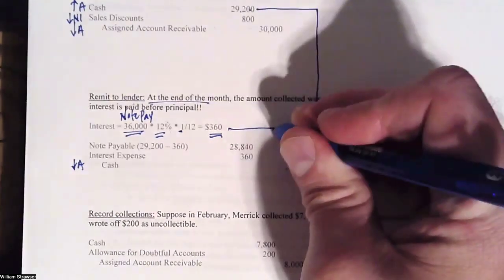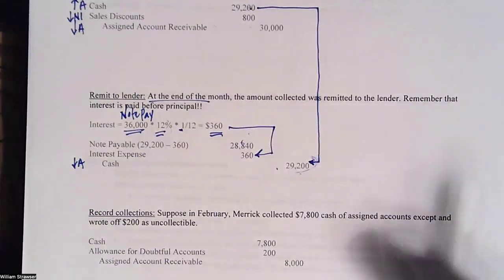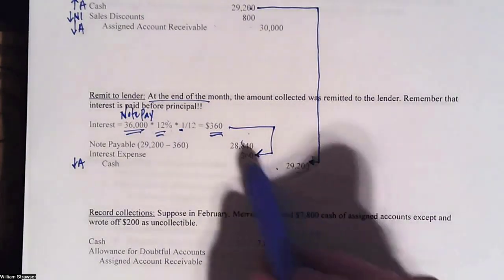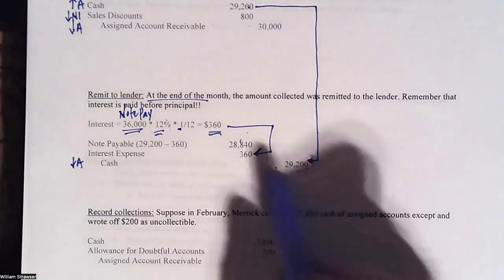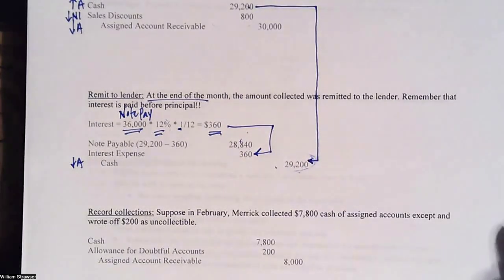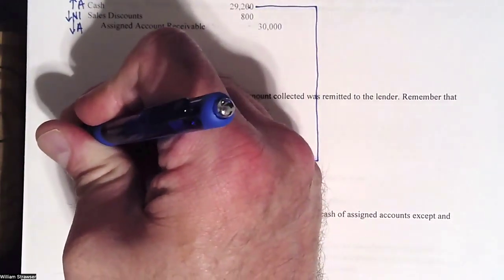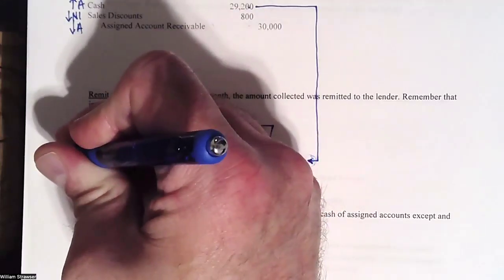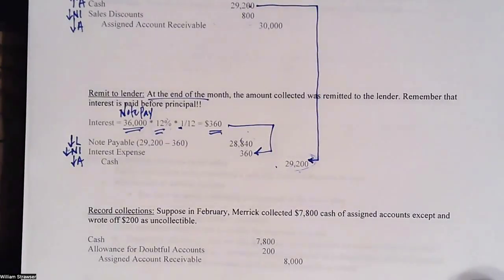I pay off that interest expense, and then the rest goes to pay down the amount of the loan. It's just a plug in our journal entry, or it's 29,200 less the amount I paid in interest expense to get 28,840. So this will, of course, reduce our liability and reduce net income with the interest expense that we recognized.